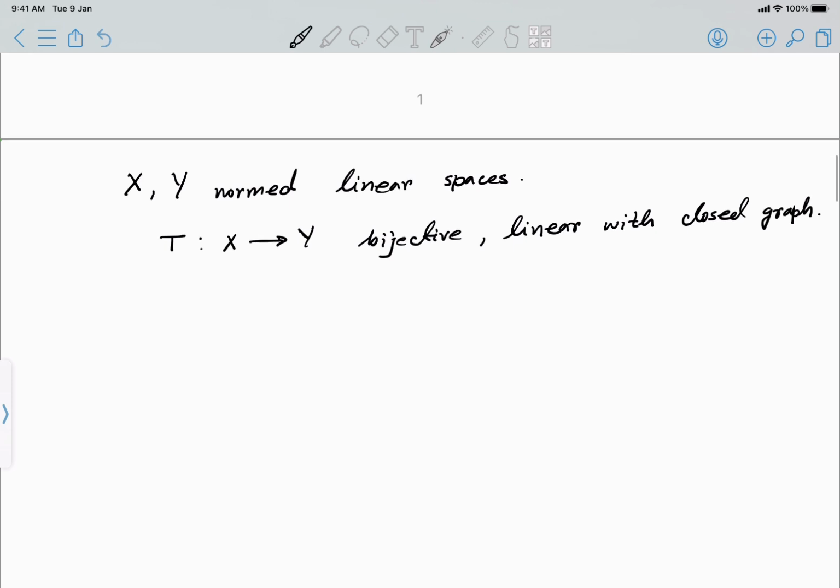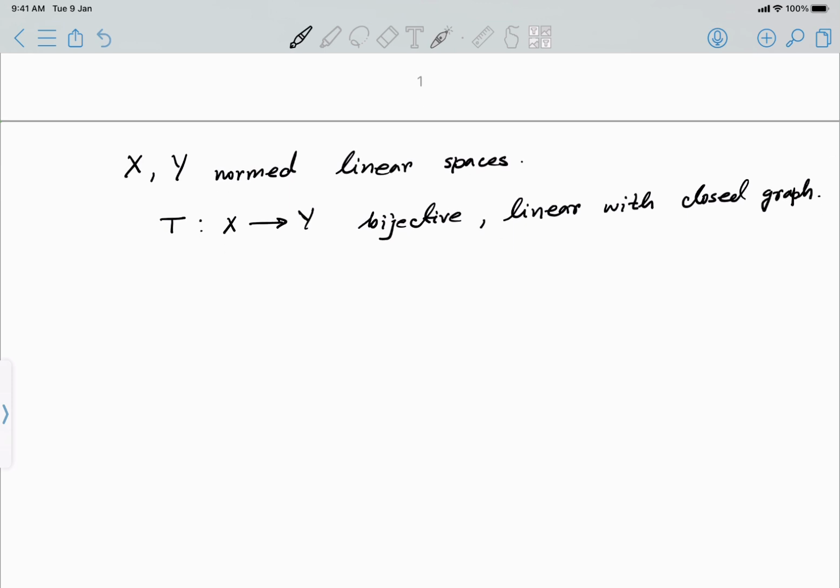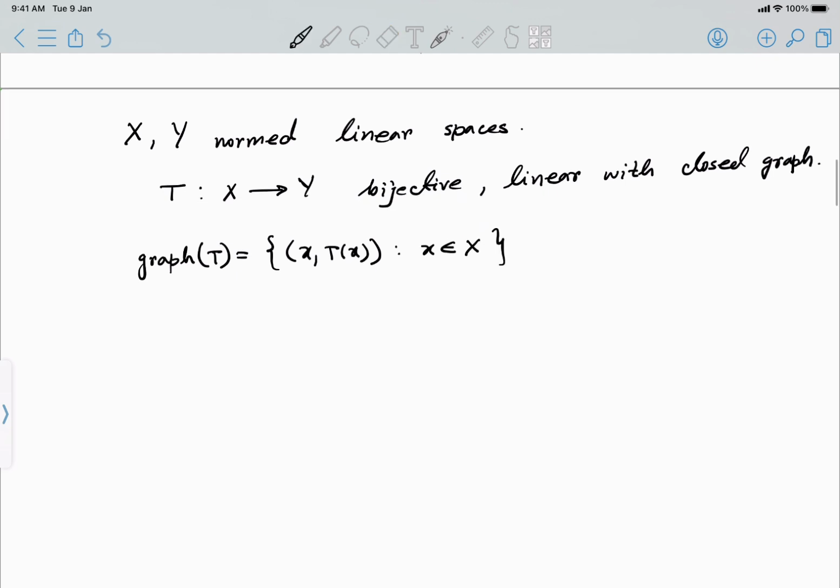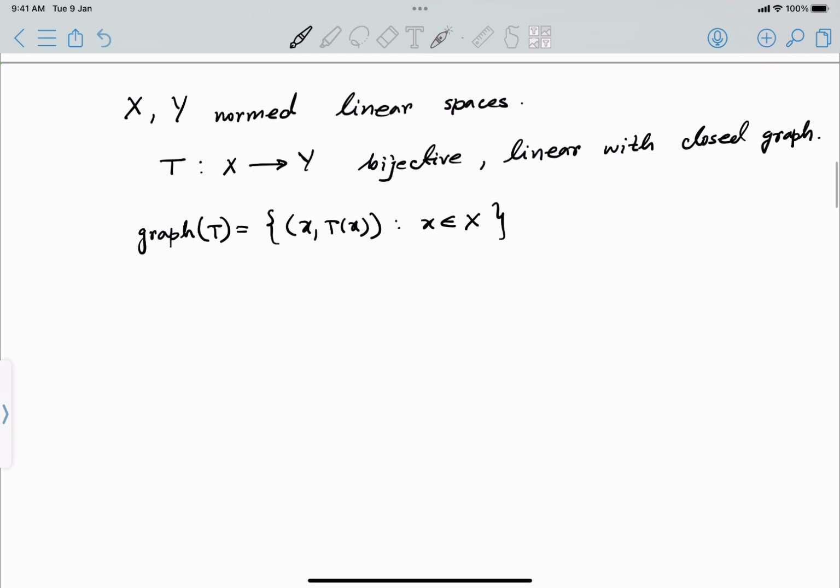So closed graph means, what is the graph? Graph of a function. So the graph of T is the tuple (x, Tx) such that x belongs to capital X. It means this set is closed in the product topology in X cross Y. So this is a subset of X cross Y.